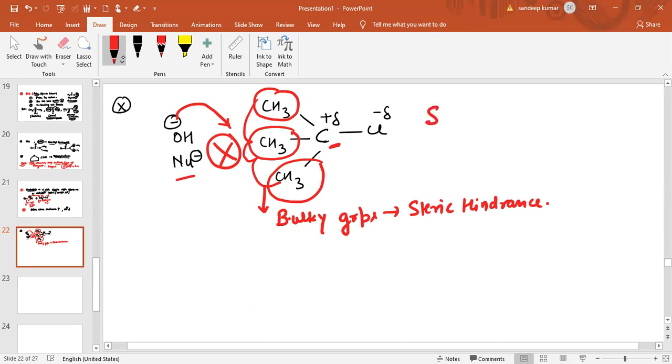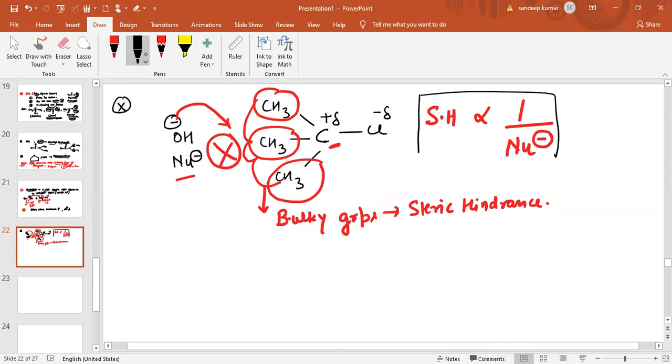It means when there is a steric hindrance, nucleophilic strength will decrease. So steric hindrance is inversely proportional to the attack of nucleophile. Steric hindrance is inversely proportional to the strength of nucleophile, we can say.